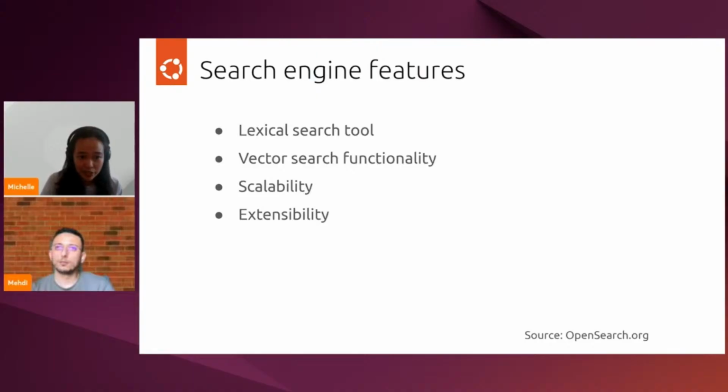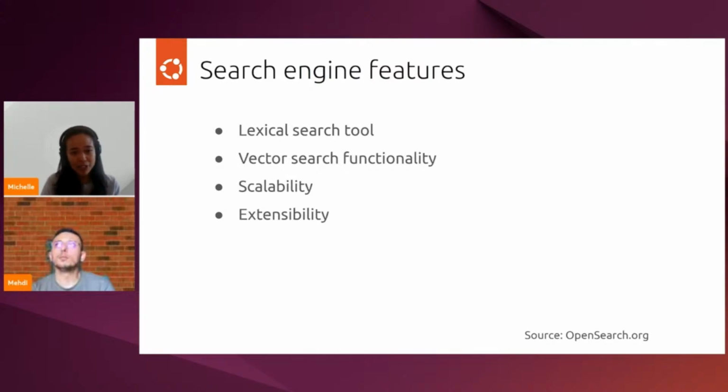Vector search functionality. OpenSearch has a KNN plugin that enables the usage of OpenSearch for use cases such as RAG, or retrieval augmented generation. Scalability. It really scales. If you want a hosted search in your company with a lot of data sets, it can really scale.